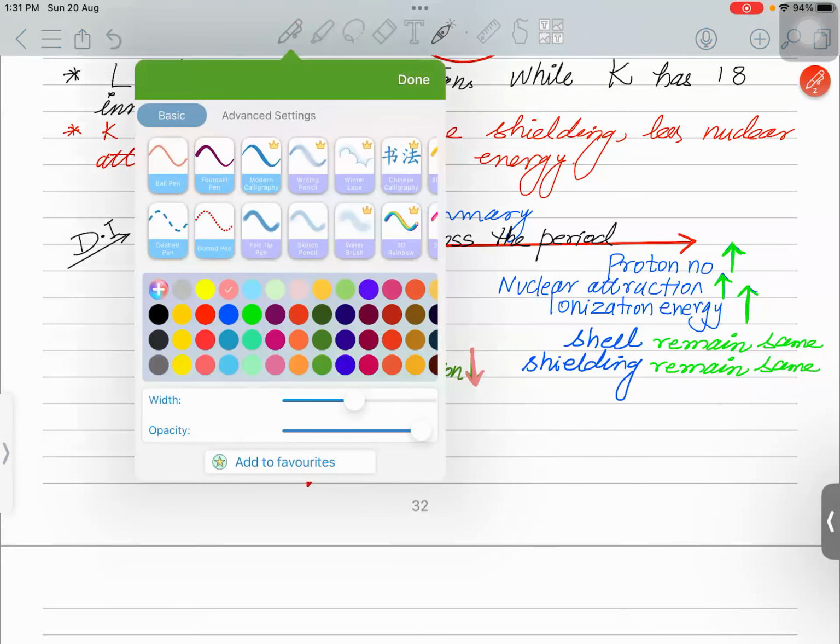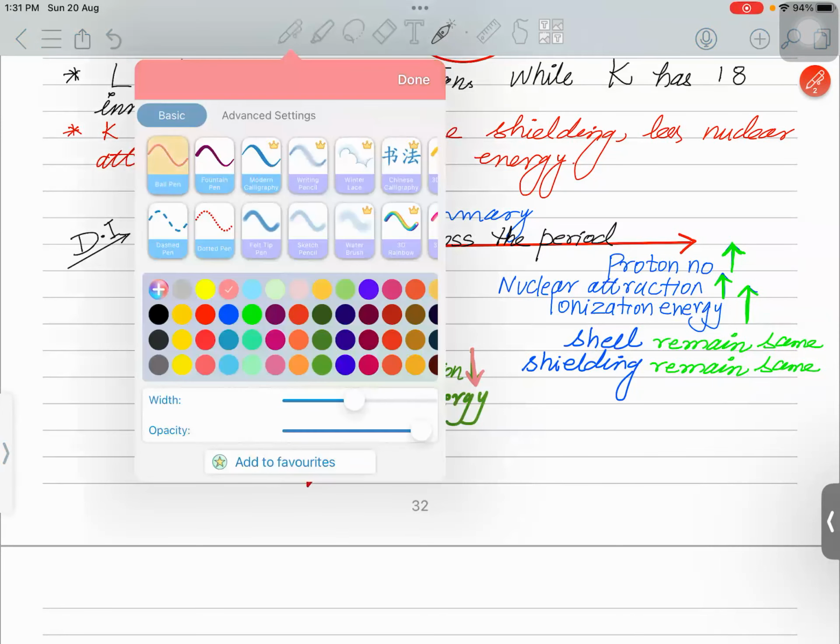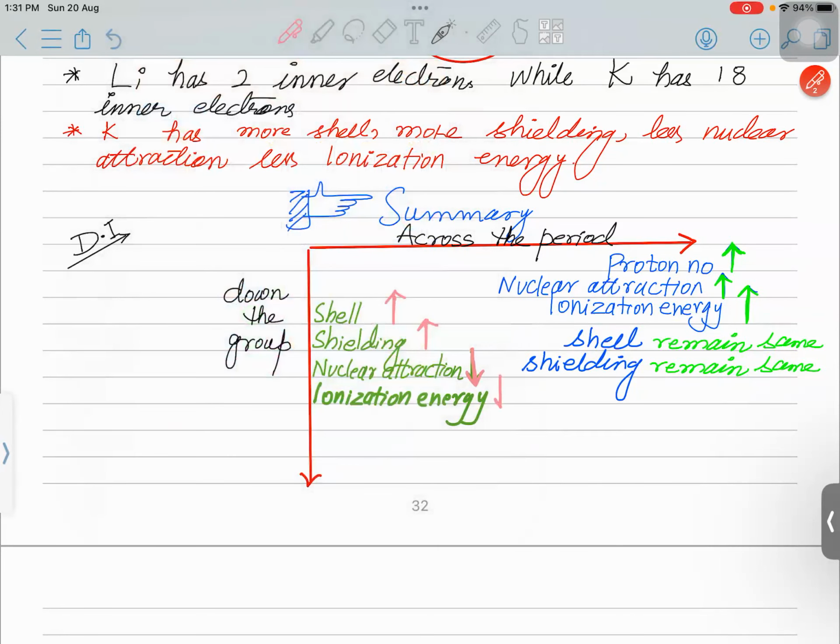And what about the ionization energy? It will also decrease. This is a small key to learn the factors on which ionization energy depends.